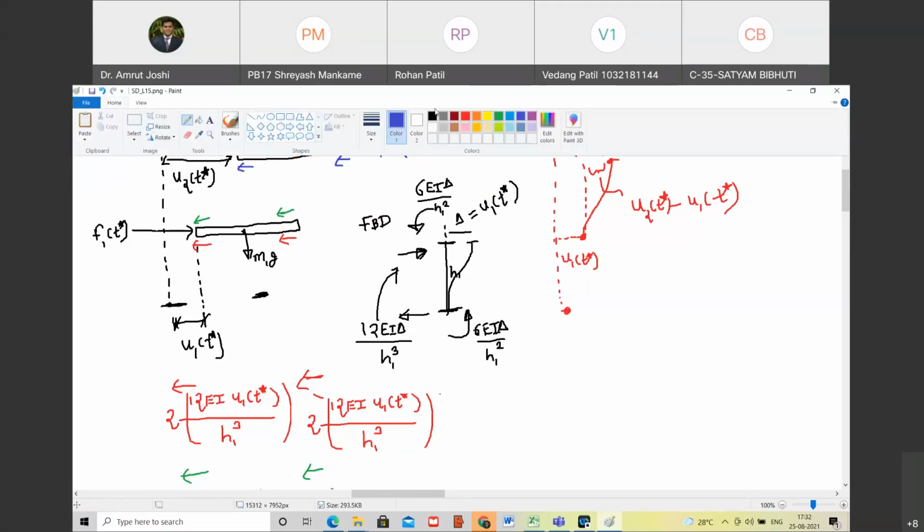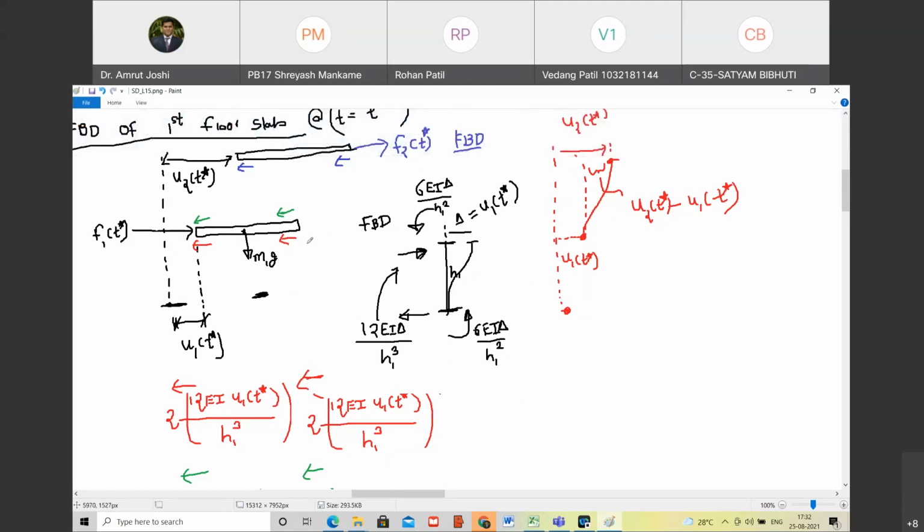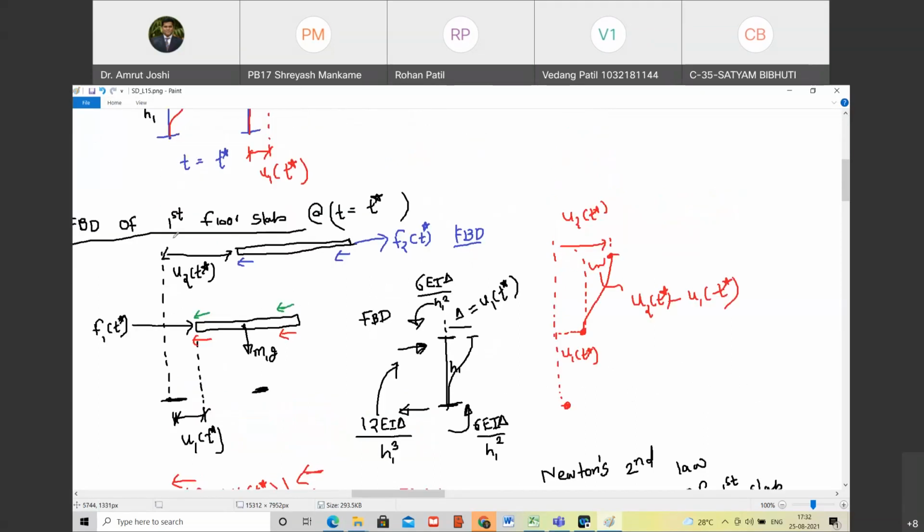On the FBD of the first slab, let me apply Newton's second law. Are you with me? Yes, sir. Newton's second law on the FBD of the first slab. Happy?